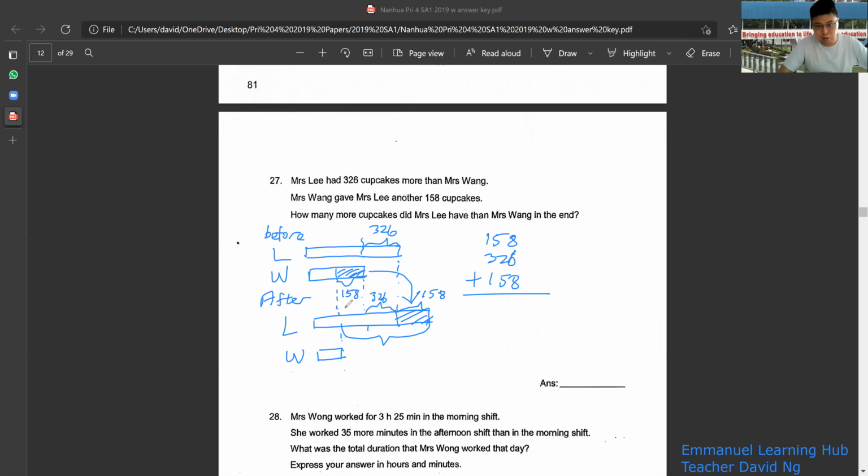No. Add, you know how to add, right? 8 plus 6 plus 8 is how many? 22. So you write 22 here. Oh, I forgot to add the 1.